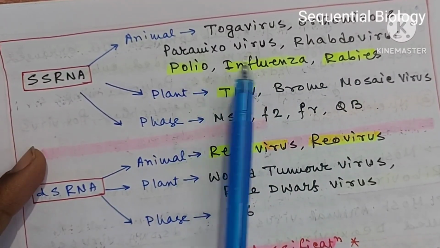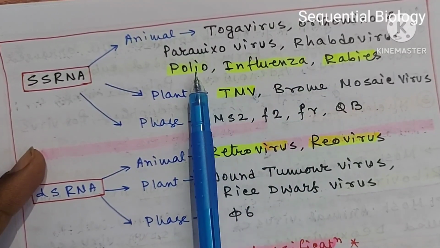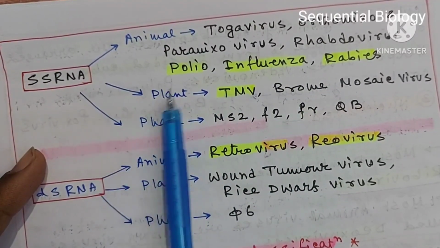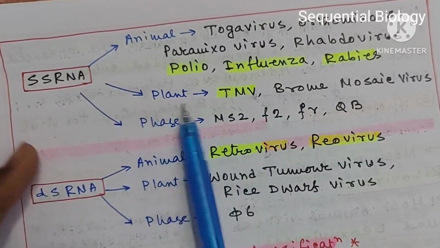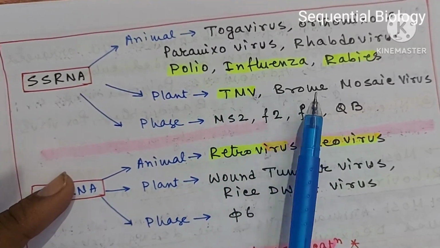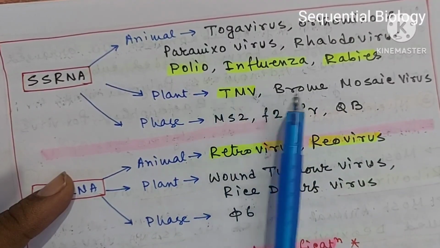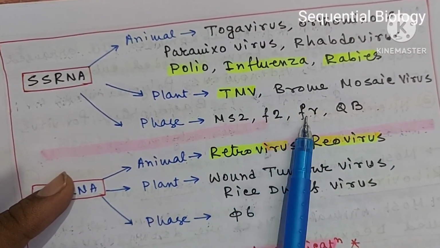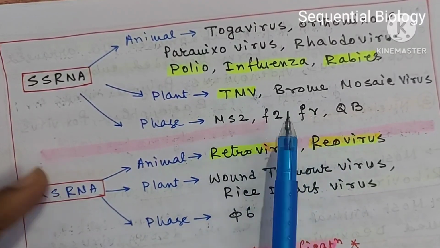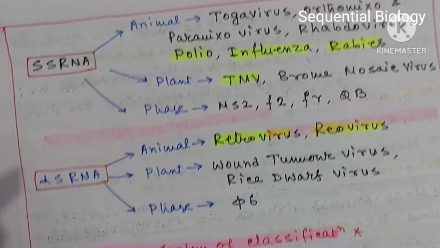Tobacco mosaic virus and Brome mosaic virus are also single-stranded RNA containing viruses, and the phages MS2, F2, FR and QB are single-stranded RNA containing viruses.